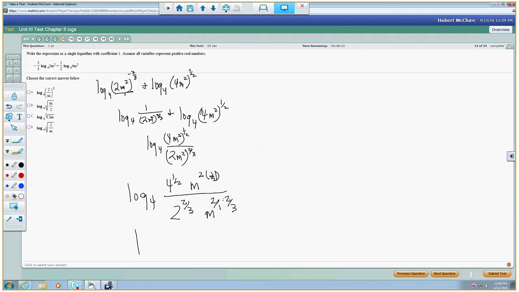And that's going to give me log base 4. What is the square root of 4? 2. And 2 times 1/2 is 1. So that's m over 2 to the 2/3. That's exponent over index, which would be the cube root of 4. Right?